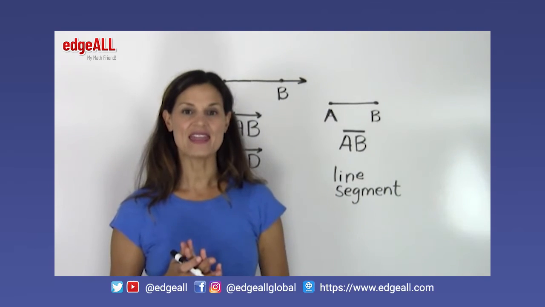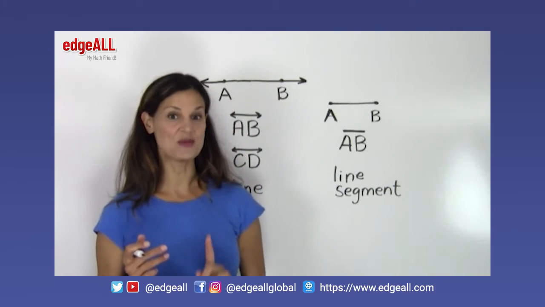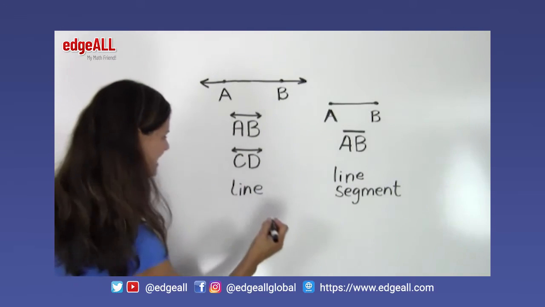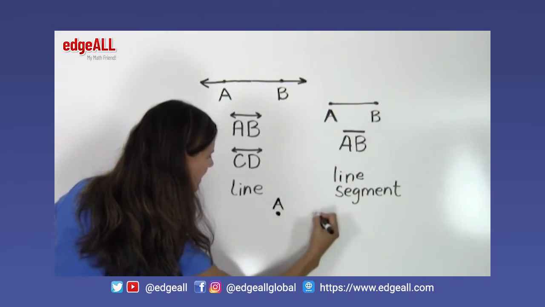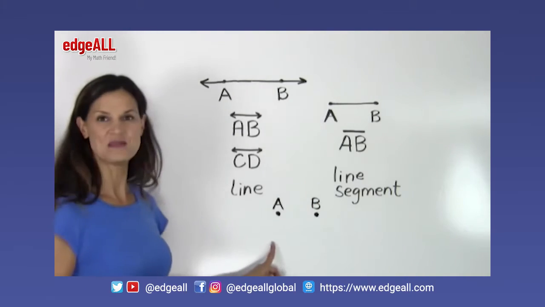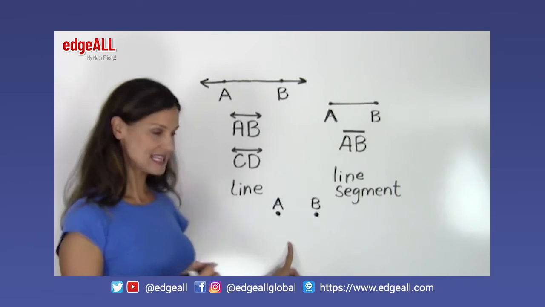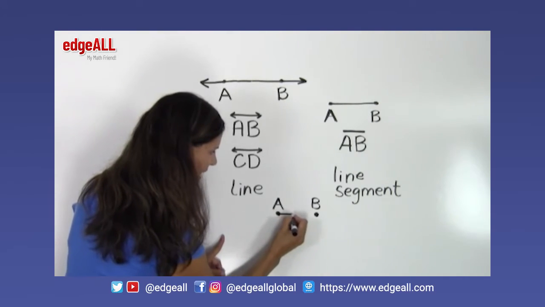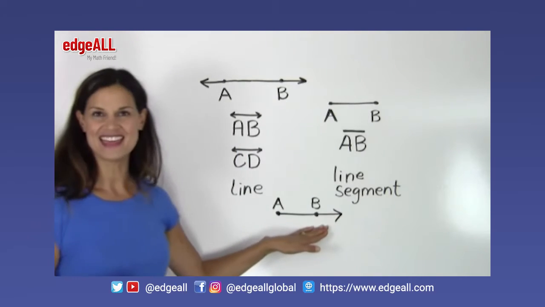A ray that begins at point A and passes through point B looks like this. So we'll have again a point A and a point B. To indicate a ray that begins at point A and passes through point B, I draw it like this.